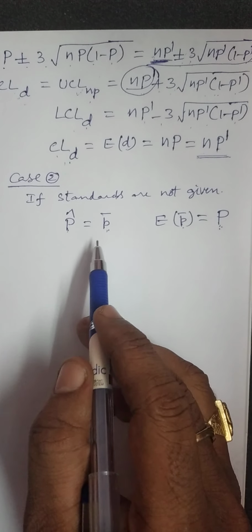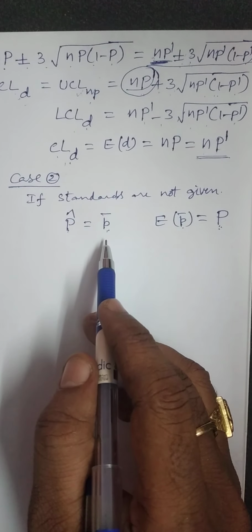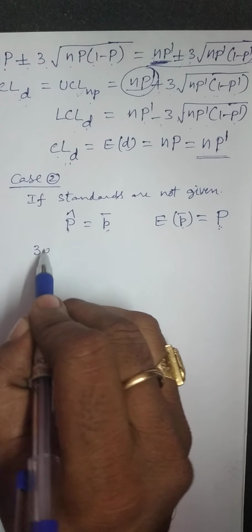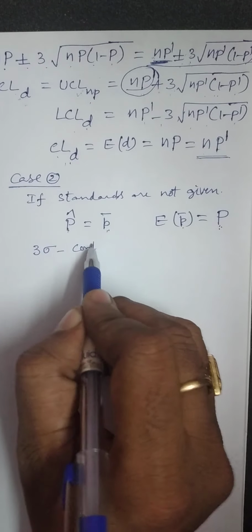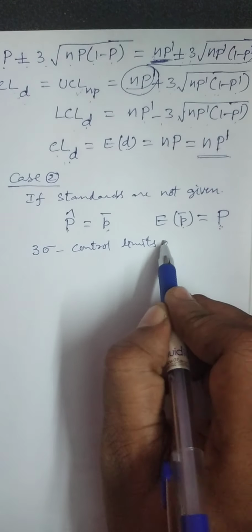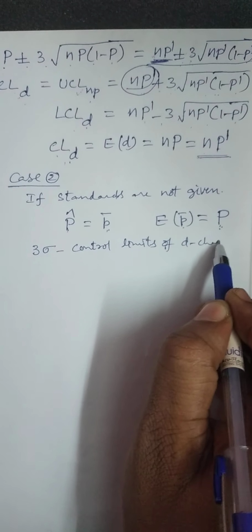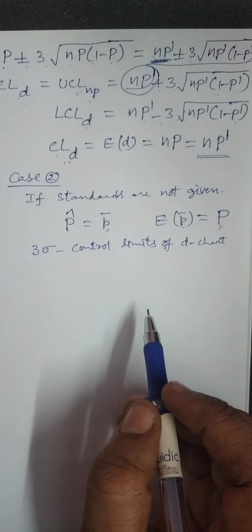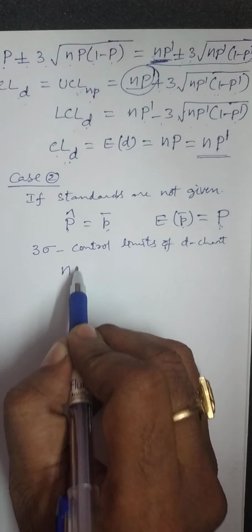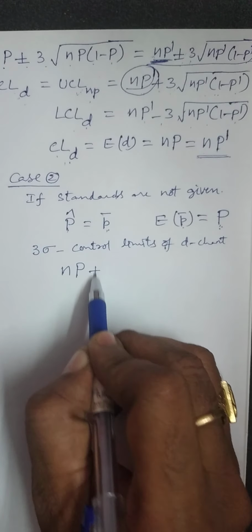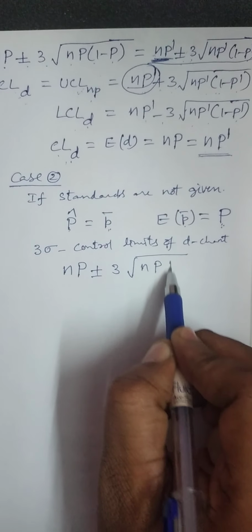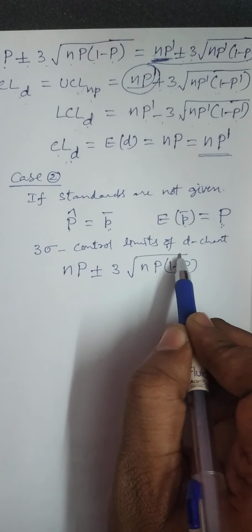So therefore, by considering this, now I start the 3 sigma control limits. What are the 3 sigma control limits? Control limits of D chart now. I write the formula again. We have calculated NP plus or minus 3 into square root of NP into 1 minus P, which are all capital letters.